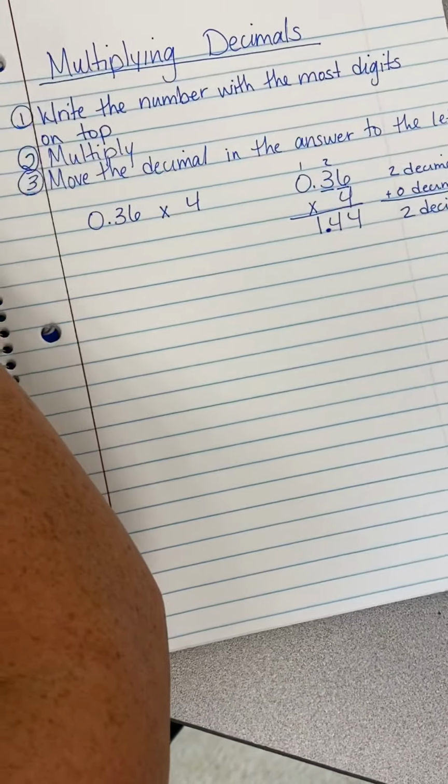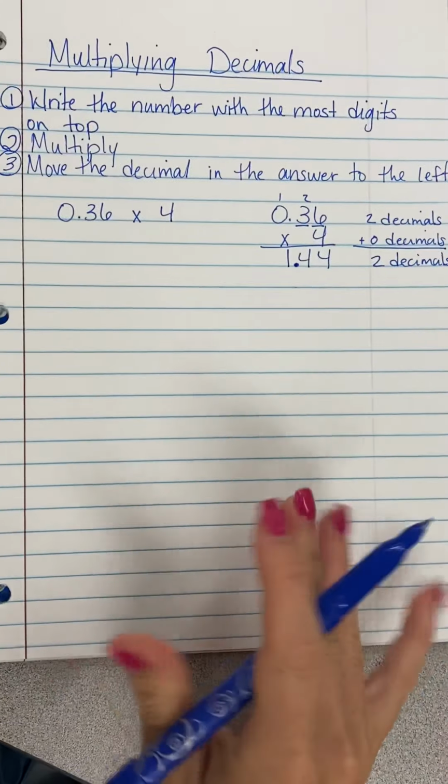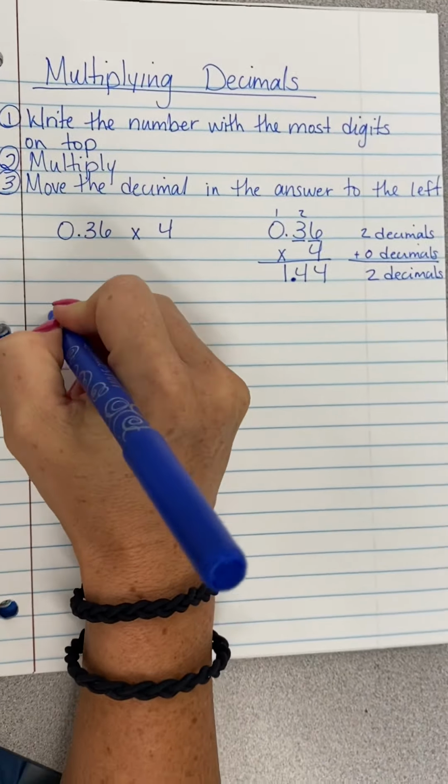Let's do another example together. 48.2 times 3.9. I'm going to come out to the side and I'm going to rewrite it.